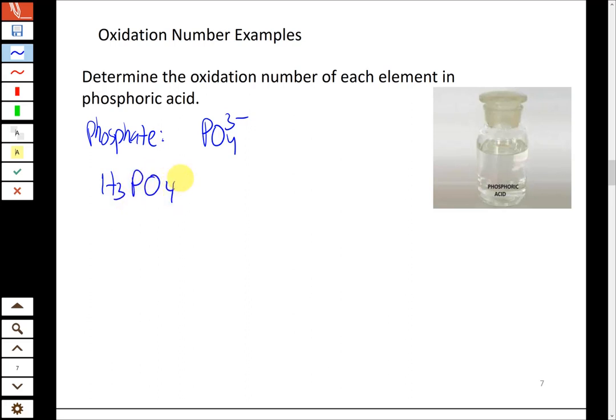Okay, so what we need to do then is find the oxidation numbers of each element, and for phosphorus in particular, we don't have a nice, clear, well-defined rule for that, so that one we're going to have to do at the end after we get the other ones. So we have 3 elements in this compound, hydrogen, oxygen, and phosphorus, and the first 2, the oxidation numbers are very simple to find, because again, hydrogen, anytime that it's bonded to a non-metal, is going to be +1.